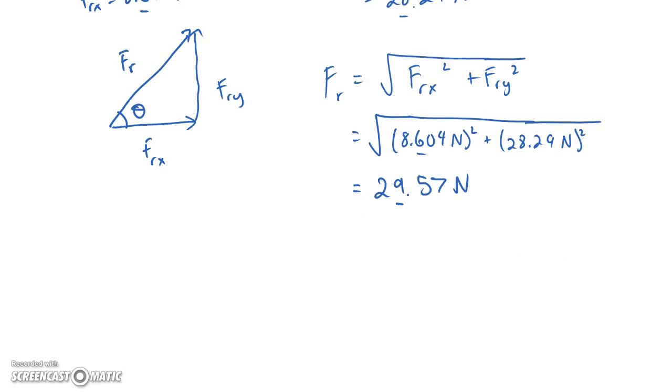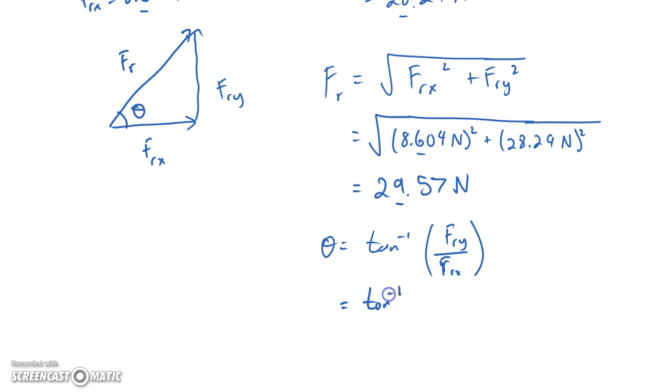We got to figure out our theta. Now, we want to use FRy and FRx rather than FR. So what you'll always be doing in this case is your tan inverse of those ones, of your angle. So theta equals your tan inverse of FRy over FRx.